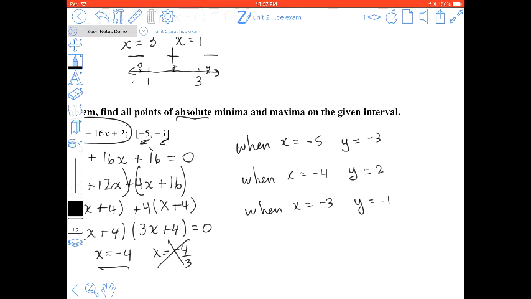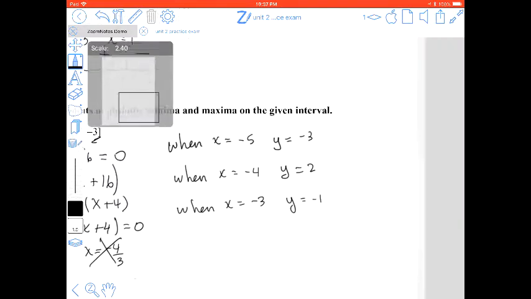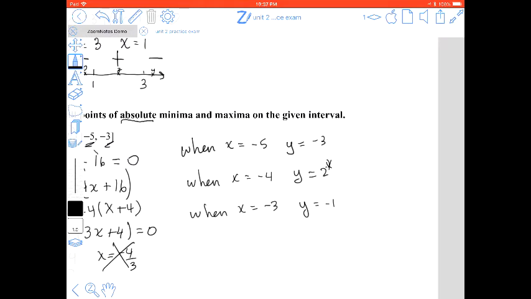And now we consider these values. Whichever one's the highest is your absolute maximum. Whichever one is the smallest is your absolute minimum. So this one right here, y equal to 2, that's the highest value, so there's your absolute max. So the absolute max is the point -4, 2.